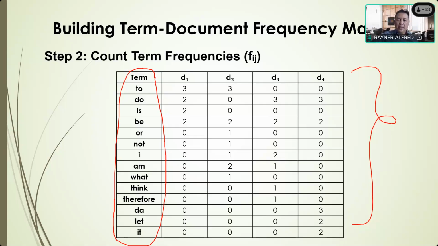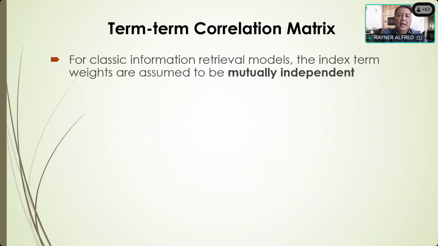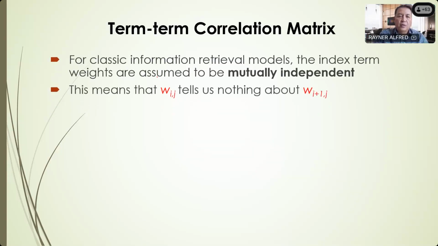So we have what we call the term correlation matrix. Basically, this will capture the dependency between two terms that we have in your document.